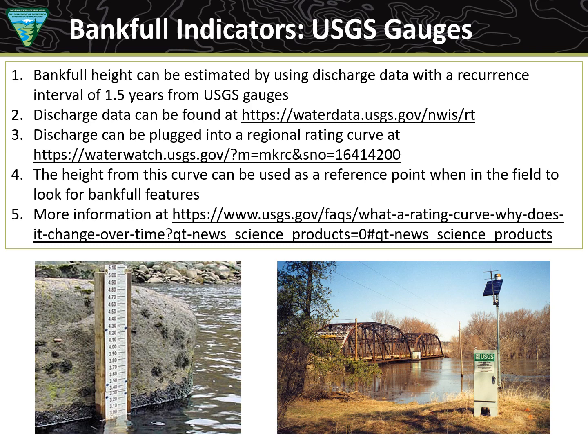Then, a regional rating curve can be created on the USGS website by plugging in the gauge number to generate a curve that relates discharge to gauge height. This height can then be used as a reference point when in the field to look for Bankfull indicators. You can find more information on this process at this web address.